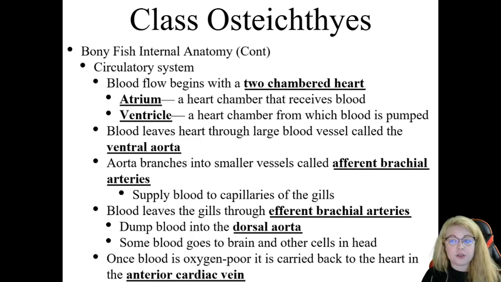Some of this blood goes to the brain, and others to cells in the head of the fish. Once blood is oxygen poor, that is, once it has delivered its oxygen and now does not have very much oxygen, it is carried back to the heart in the anterior cardiac vein. If you study human blood circulation, it shares many similar features and similar blood vessels. It's just not quite as complex as human blood circulation is.